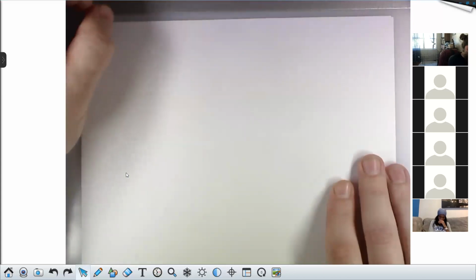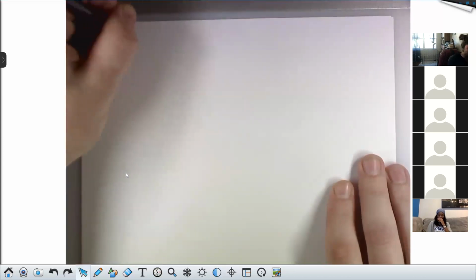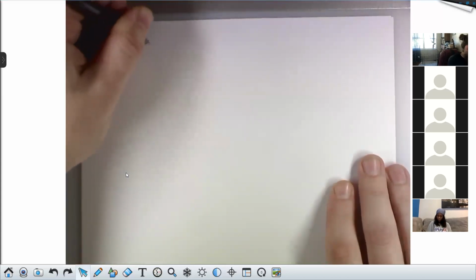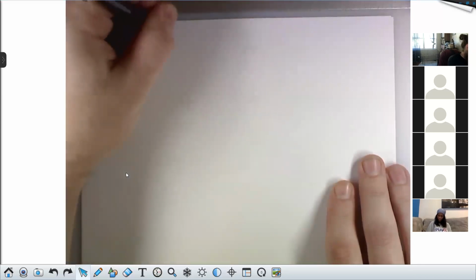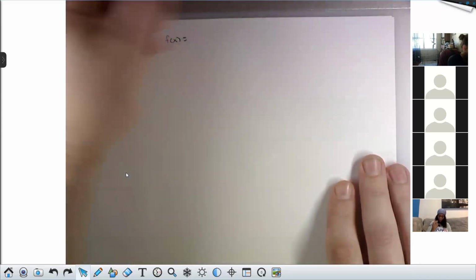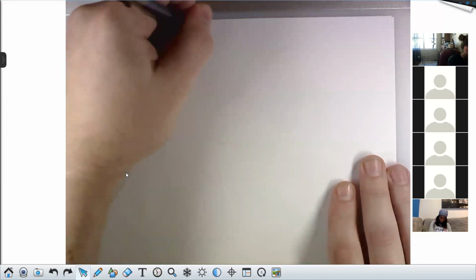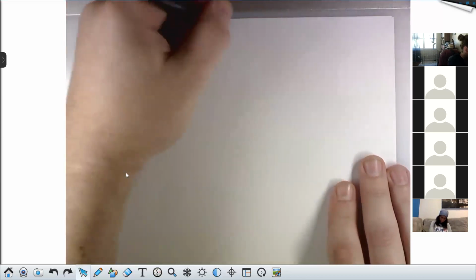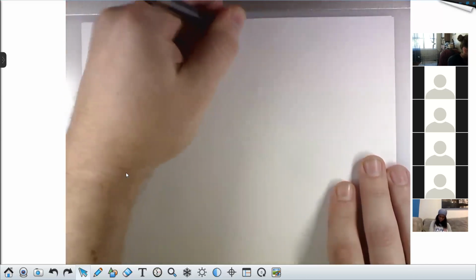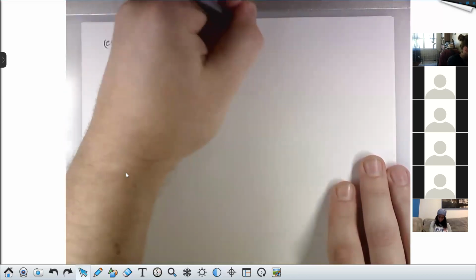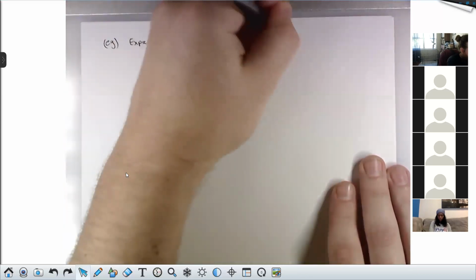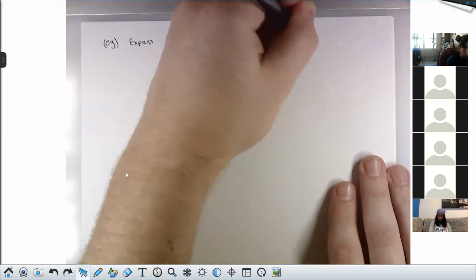So same sort of deal. Let's express f of x equals 5x squared minus 30x plus 49 in that vertex or standard form your book calls it.